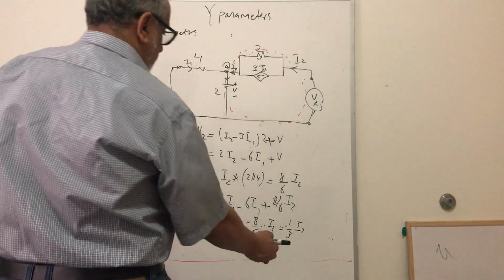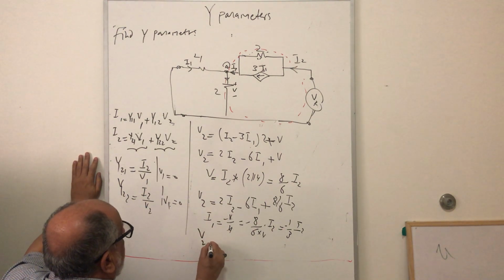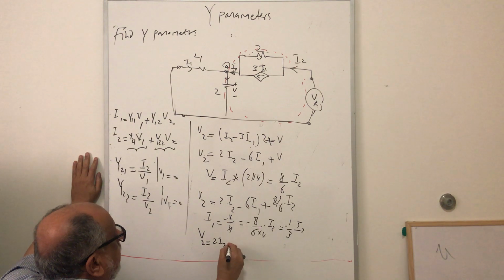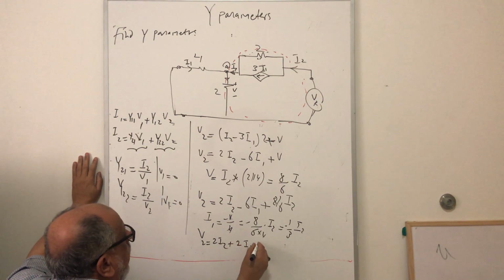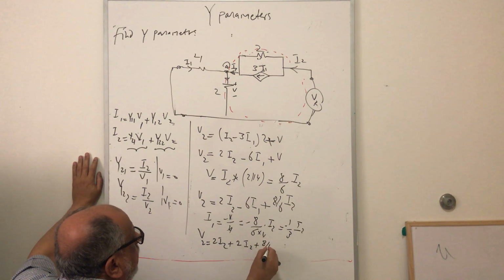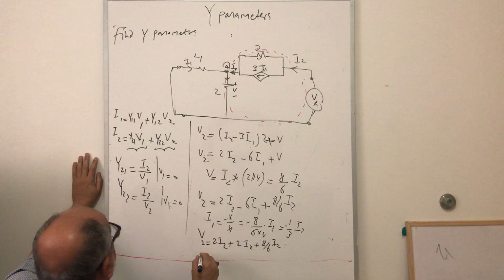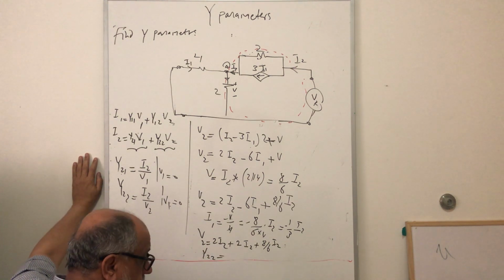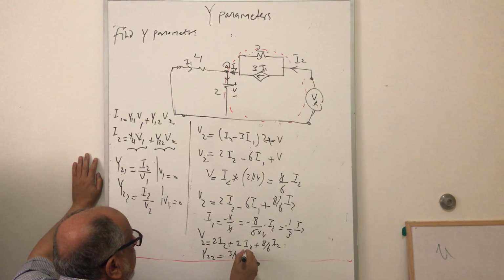Okay, that is I1. So we can substitute here, and we have V2 is equal to 2I2. This minus with minus will cancel, so that will be plus 2I2 plus 8 over 6 I2, and then we can simplify. If we divide, then we have y22 equal to 3 over 16 siemens.